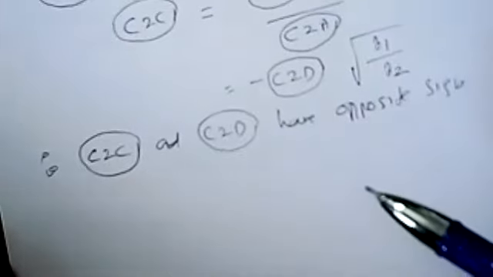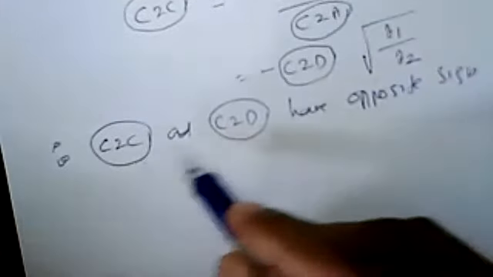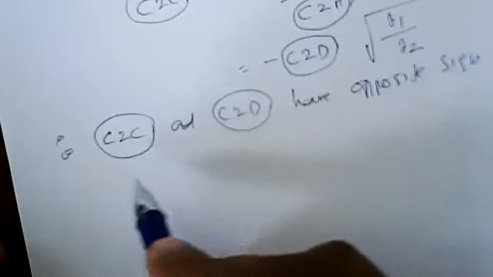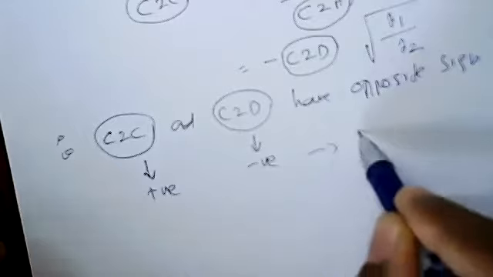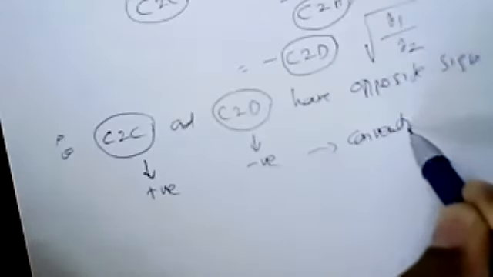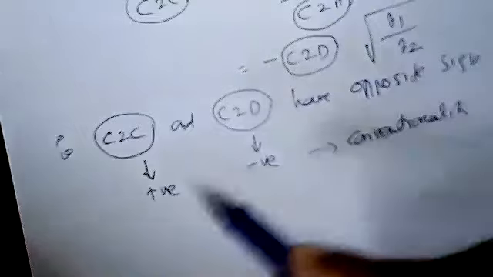Conventionally C is taken as positive and D is taken as negative. Actually, either one can be taken as negative for orthogonality, but usually C2D is taken as negative conventionally.